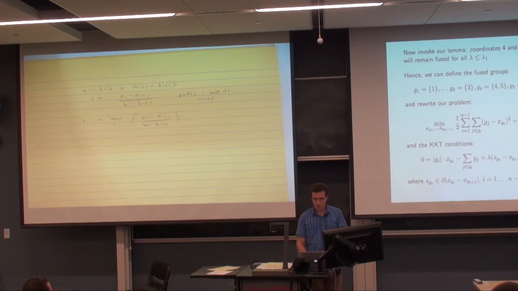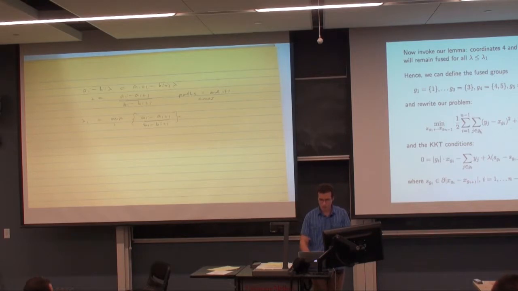All I'm doing now in rewriting the problem is solving it using only one variable for the fourth and fifth component of x. I know they're going to be the same for all larger values of lambda, so let me rewrite the problem to reflect that. So that's what I've done here so far. It may look a little more complicated, but I'm encoding in the criterion the fact that x4 and x5 are the same variable.